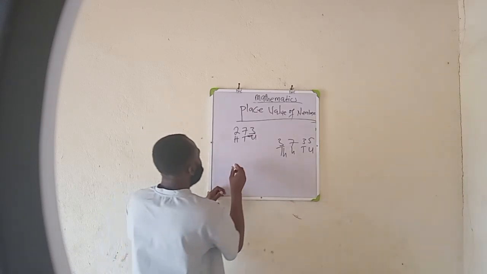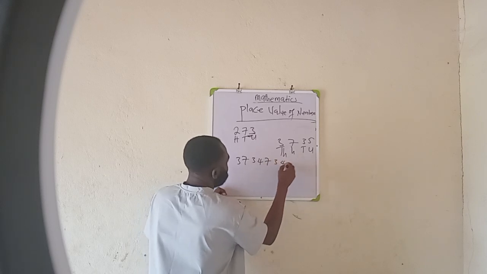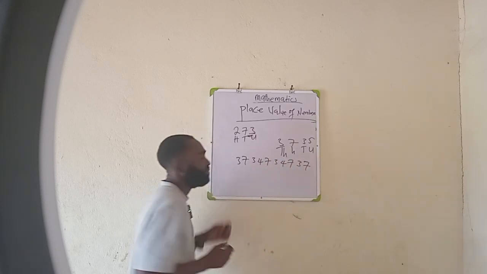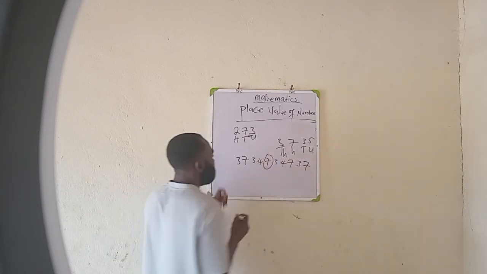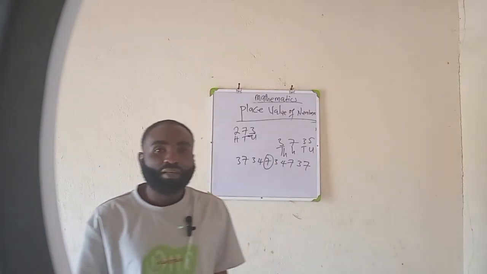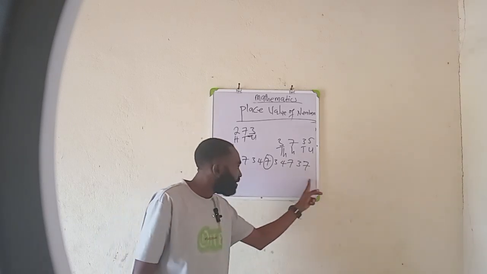Because this one is small, let's have something big, and you're asked to find the position of 7 in this number here.